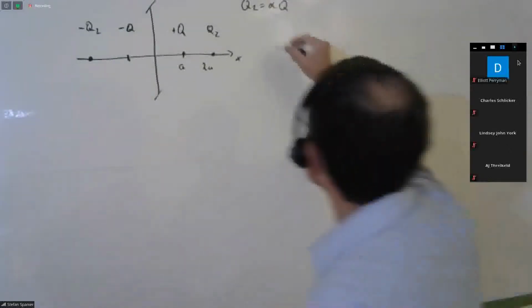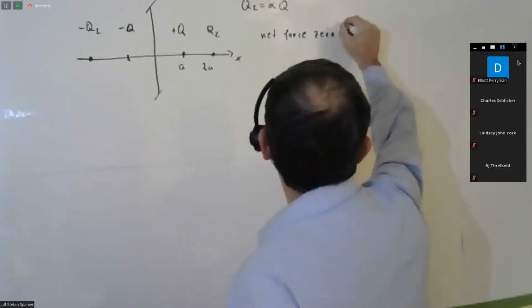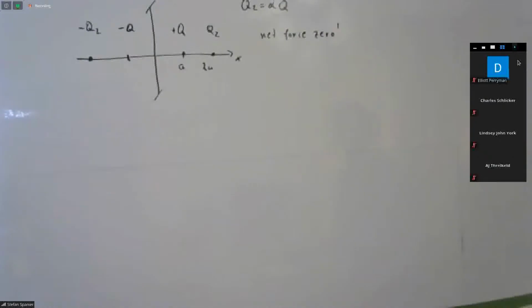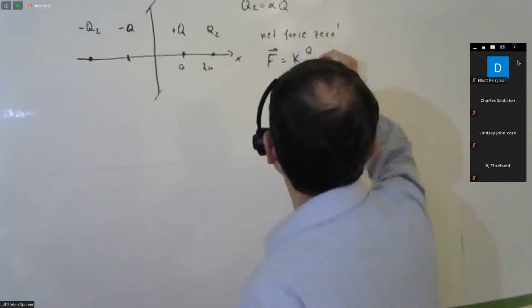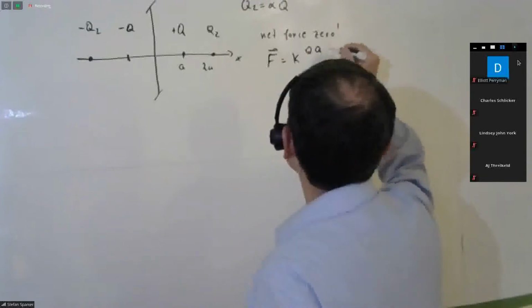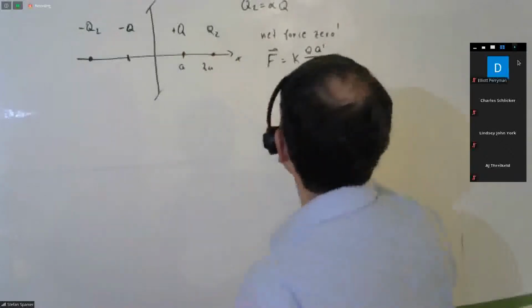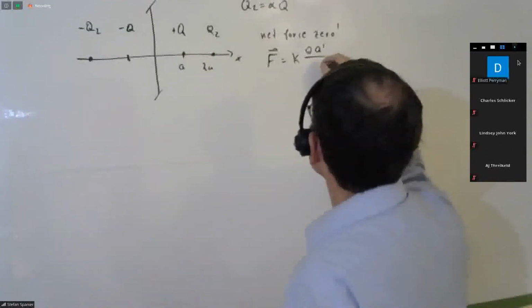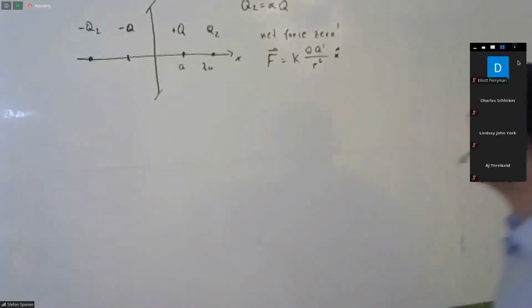So the net force on this charge has to be 0. And then it's good to write down what we mean by force. We mean k Q Q prime over r squared, and in this case r is whatever distance along the x-axis between these charges.